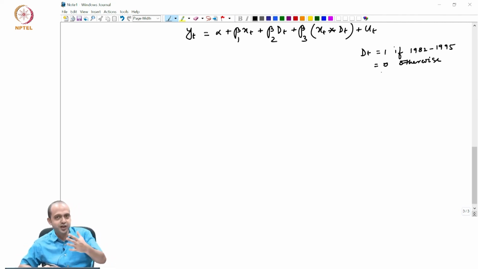Because when the impact of recession is present, we denote that by 1, since for a dummy variable the presence of the attribute is 1 and absence is 0. So, post recession period is 1 and 0 otherwise. This is how we have defined the dummy variable.